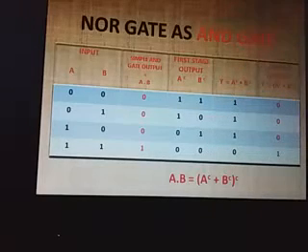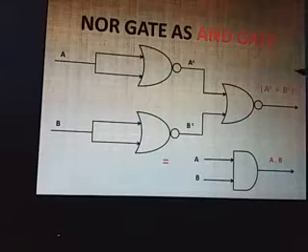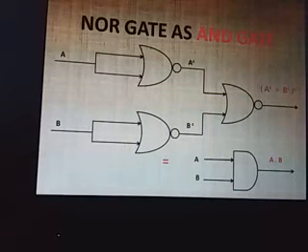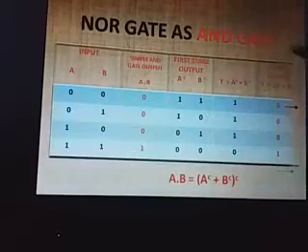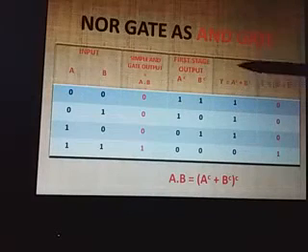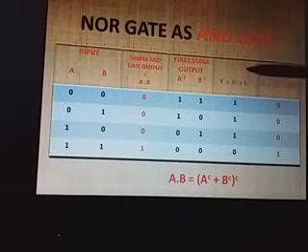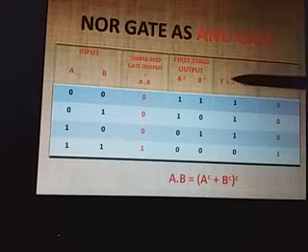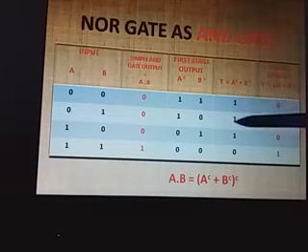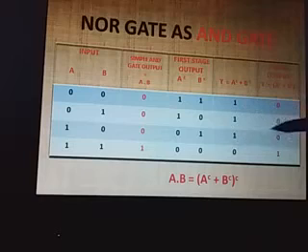Final output will be the complement of the sum of A complement and B complement, the complement of this whole column. Complement of 1 is 0, complement of 1 is 0, complement of 1 is 0, and complement of 0 is 1.